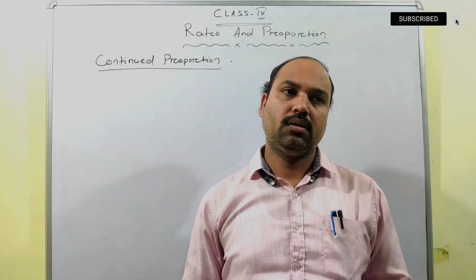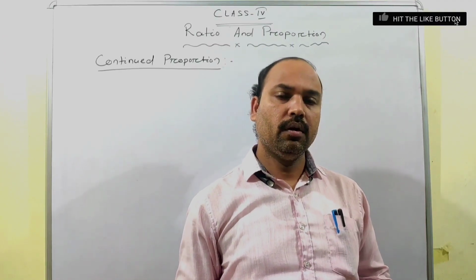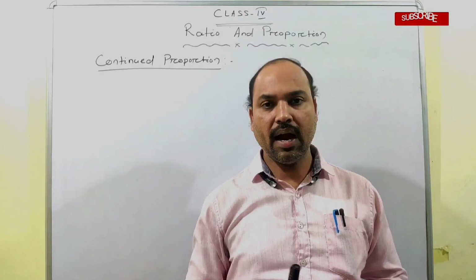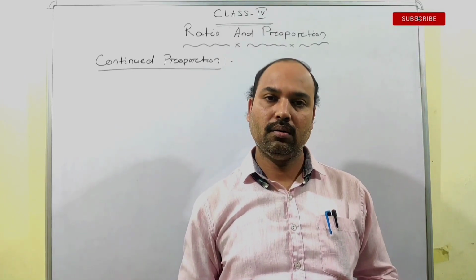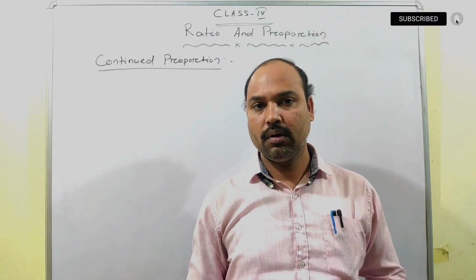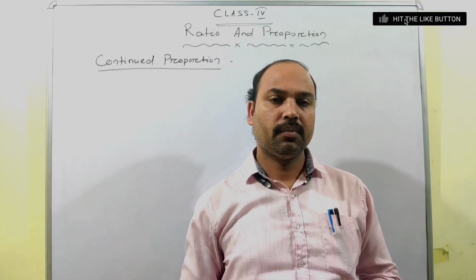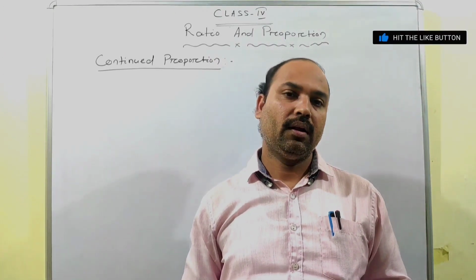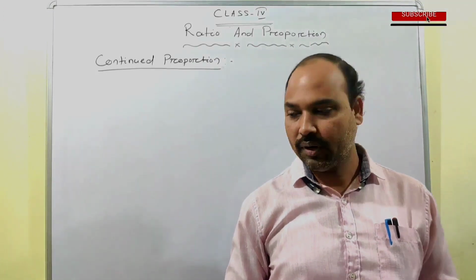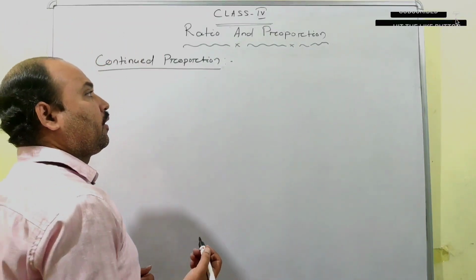A proportion is said to be a continued proportion if the second and third terms are both equal. If the second and third terms of a proportion are equal, then that proportion is known as your continued proportion.